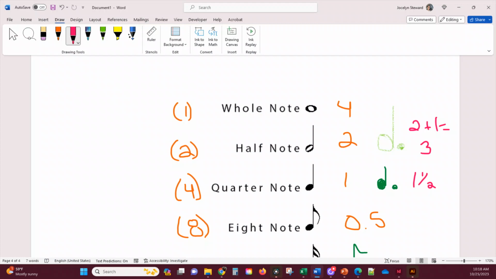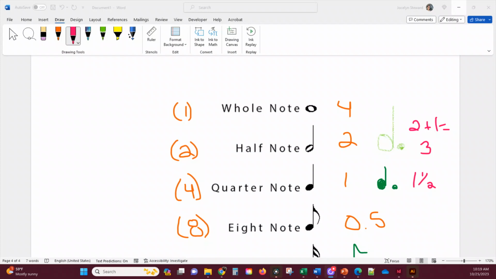Now you tell me, or think to yourself, since we're not live together: would we have a dotted whole note? Is there such a thing as a dotted whole note? Your first inclination is no, because the most I can have is 4. I can't have 5, and if I added half, it'd be 6.